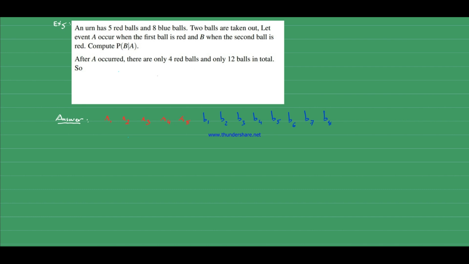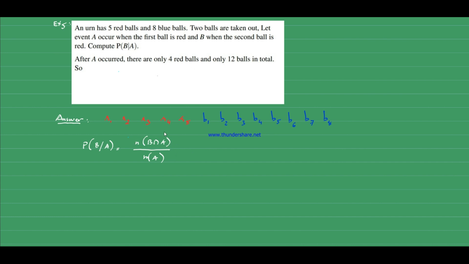Now, in order to calculate the probability of event B restricted by event A, we apply the formula: the cardinality of set B intersect set A over the cardinality of set A. Set B intersect set A means the first ball is red and the second ball is also red.